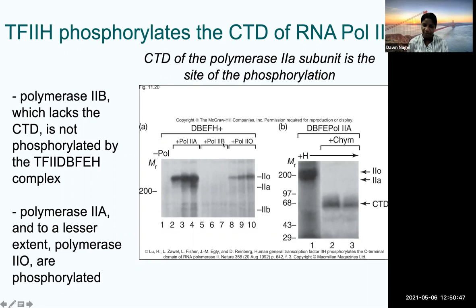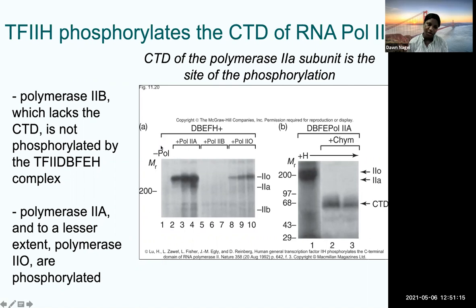IIB is a version of polymerase that does not contain the C-terminal domain, okay? So it lacks the C-terminal domain. And then you have polymerase IIO, which is the phosphorylated state of polymerase. So you have these 3 versions of that polymerase.